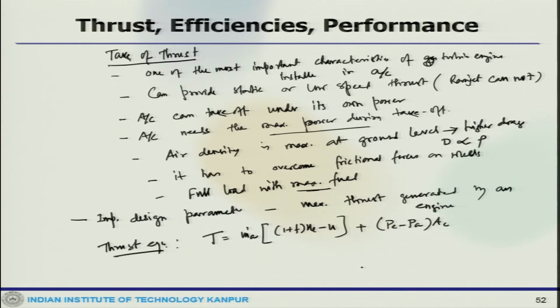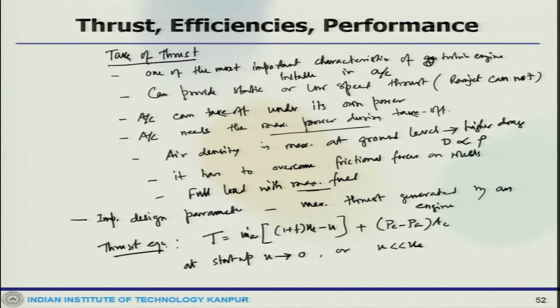Now, what happens at startup, U goes to 0 or U is very small compared to U_e.